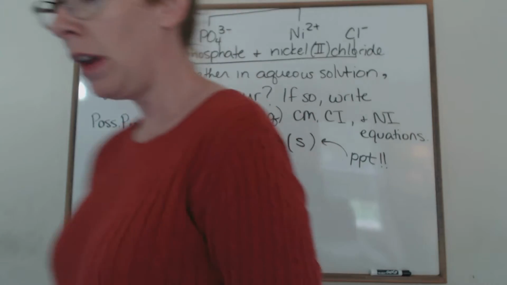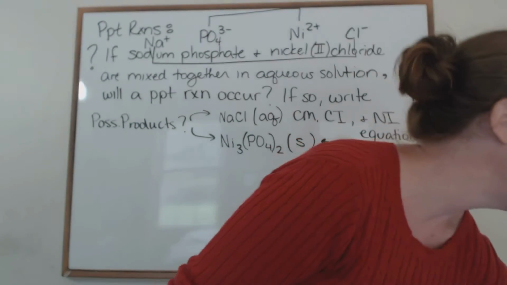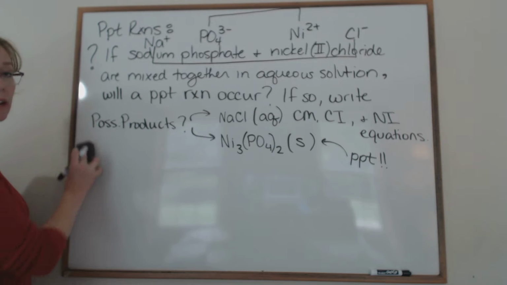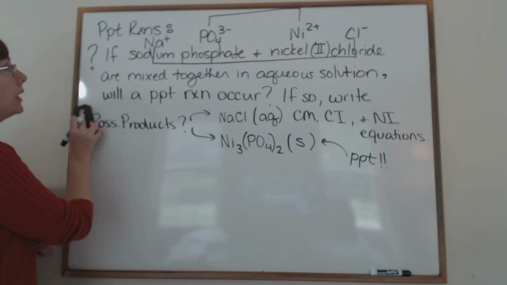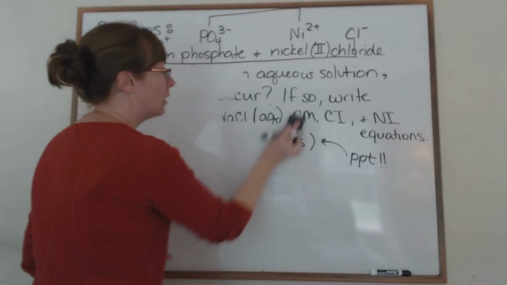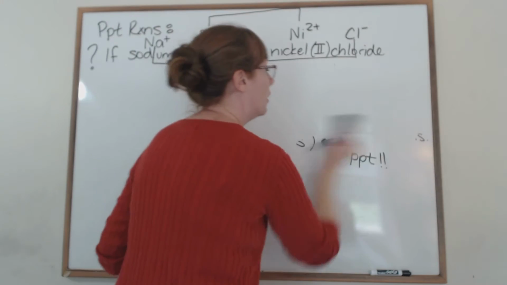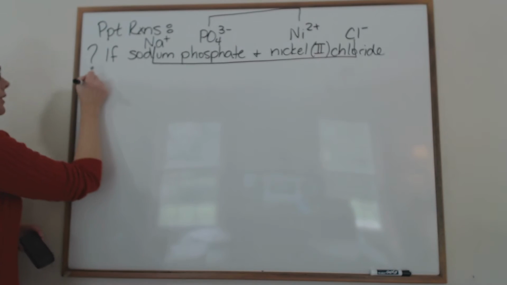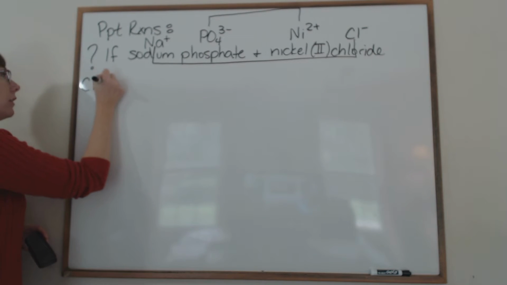After you have identified that it's a precipitation reaction, you can now go ahead and write complete molecular, complete ionic, and net ionic equations. I'm going to need a little bit of room for that. I don't want to forget which one I have here, so let's do complete molecular right here.